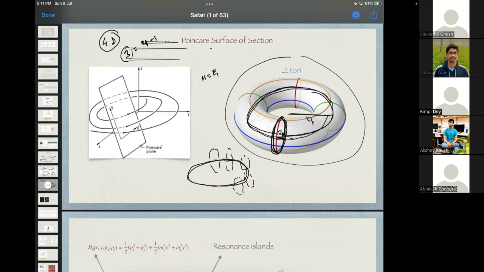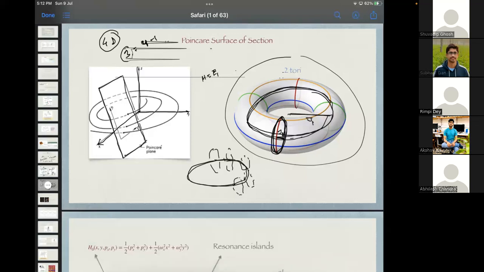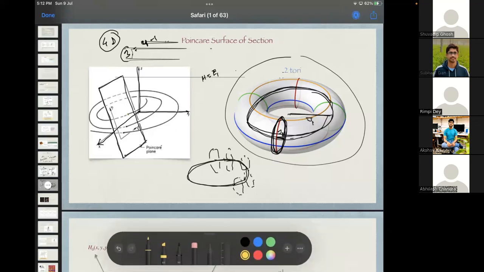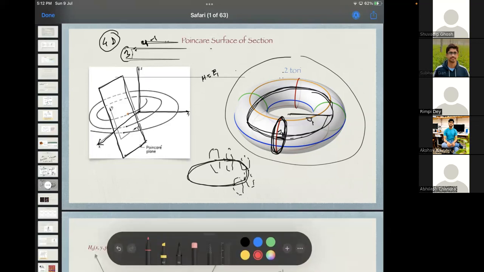So the energy surface is 3-dimensional, right? So if we just fix a plane, if we consider a plane here, this is the 3-dimensional energy hypersurface. Now, if you start from this point, now dynamics is happening.